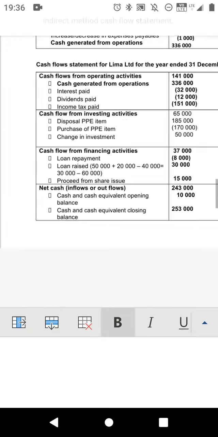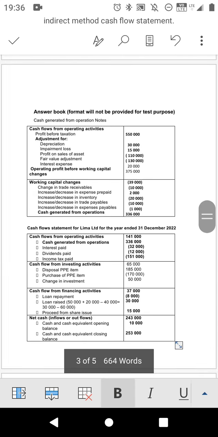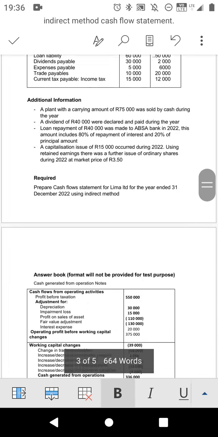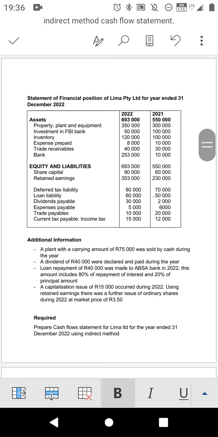253,000. Please make sure that if there was any amount of bank overdraft, please subtract it first from the balance of the bank, then write it as a what? As a balance at the beginning or balance at the end.